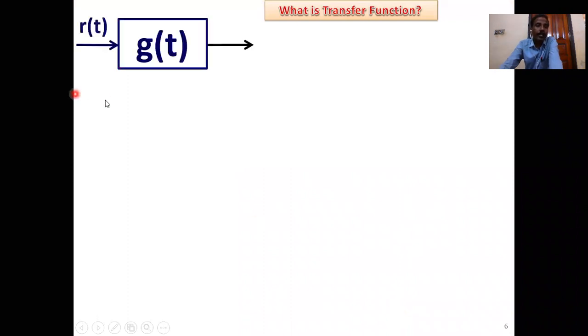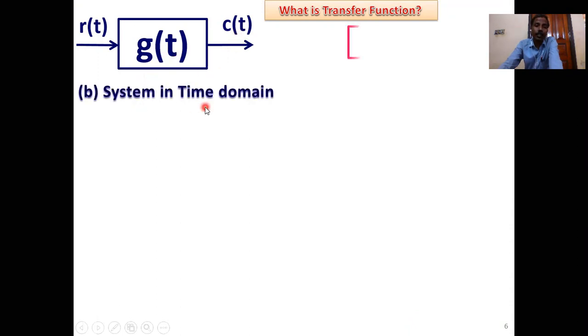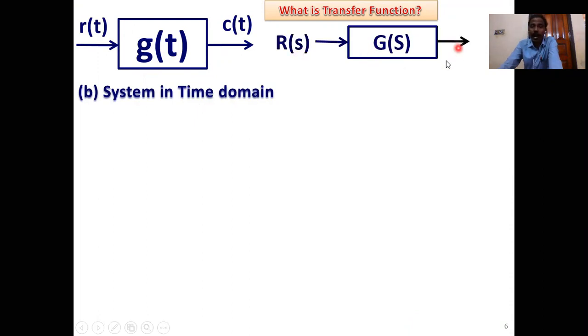Already discussed, this is the open loop block diagram. R of t is the reference input, G of t is the system gain, and C of t is the output of the system. So this is the system in time domain, and this is the frequency domain, where input equals R of s, output equals C of s, and gain equals G of s, where s equals sigma plus j omega, sigma being the real part and j omega the imaginary part.